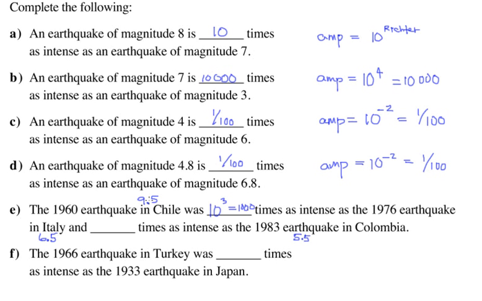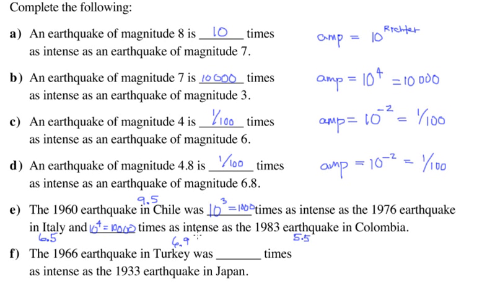Chile compared to Colombia, I'm sorry, I wrote that in the wrong spot. Compared to Colombia, 9.5 to 5.5 is a Richter difference of 4. So the Chile earthquake was 10 to the 4 times, or 10,000 times greater in amplitude. And finally, last one, we have the 1966 earthquake in Turkey, which was a 6.9.